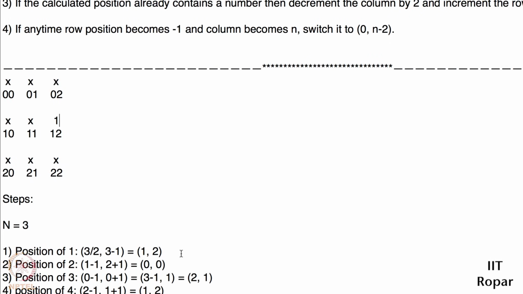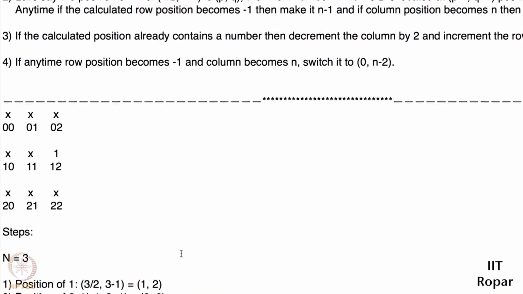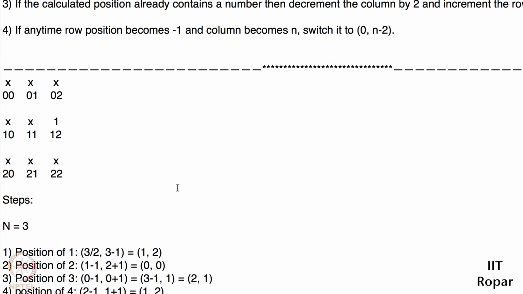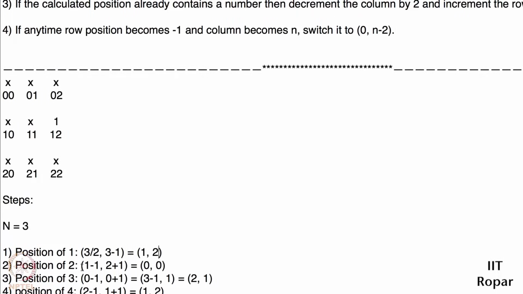Now the next step is to determine the position of 2. For that, we'll take the last determined location, which is 1, 2, as p, q. So this becomes p, this becomes q, and we'll find the position of the next element as p minus 1, q plus 1. So position of 2 becomes p minus 1, which is 1 minus 1, and q plus 1, which is 2 plus 1.